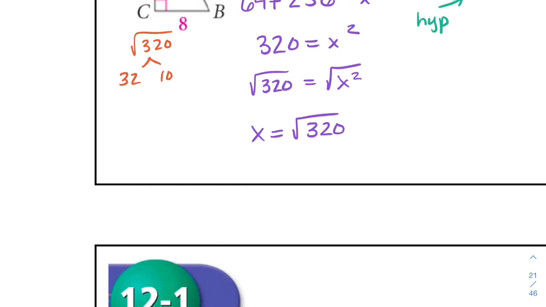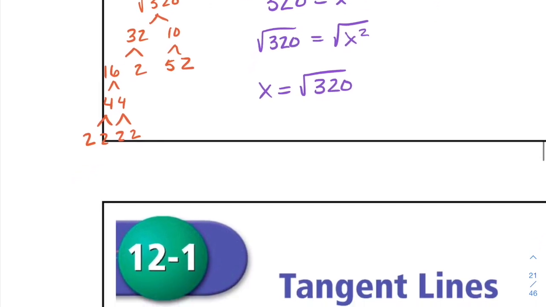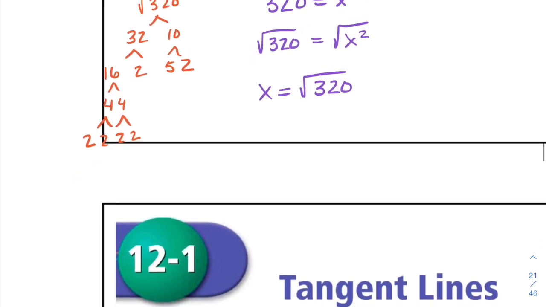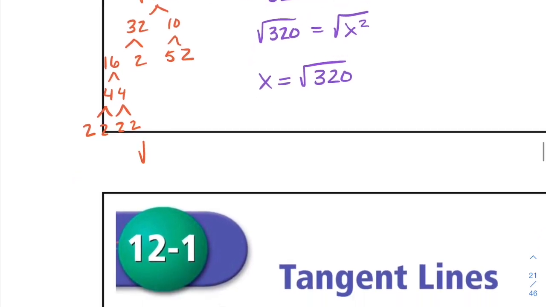32 and 10, 16 and 2, and 5 and 2, and 4 and 4, and 2, 2, 2, 2. So we have the square root of 2 times 2 times 2 times 2 times 2 times 2 times 5.